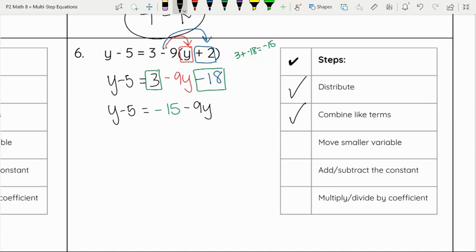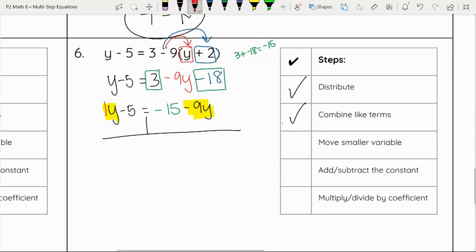Step 3 is to move the smaller variable. So my variable terms here are the ones with the letter y. So y is a variable term, and negative 9y is a variable term. So remember, any variable without a coefficient has an invisible 1. So this is like a 1y. So what is smaller, positive 1 or negative 9?